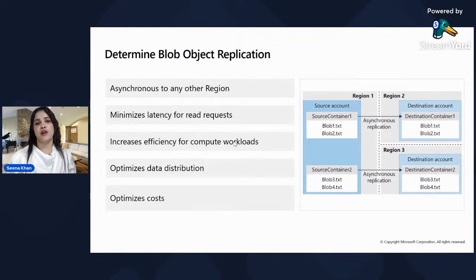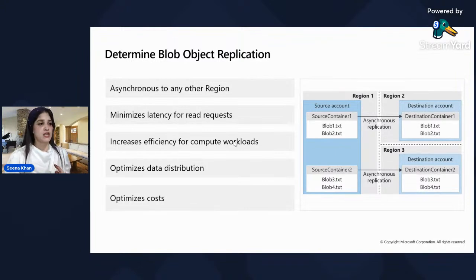When you are configuring blob object replication, there are some considerations you need to keep in mind. Object replication requires that blob versioning is enabled on both the source and the destination accounts, and object replication doesn't support blob snapshots.